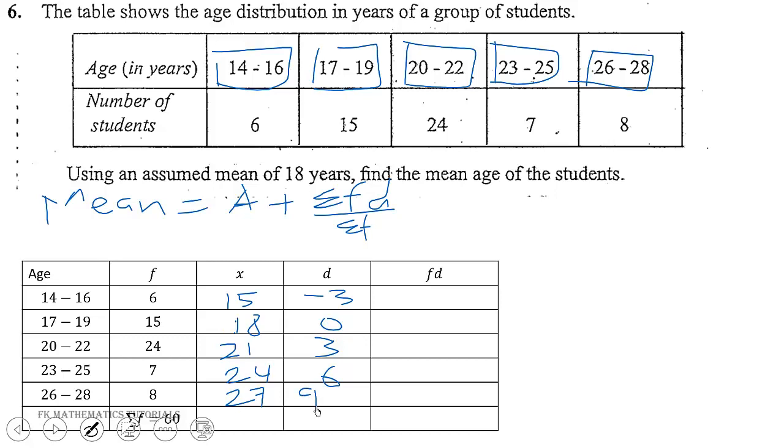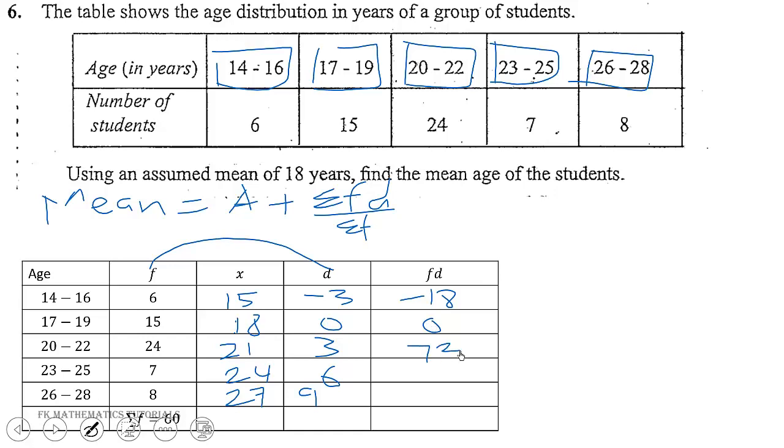So the FD will be F times D. So 6 times -3 is -18. Then this will give us 0. Then 3 times 24 will be 72.